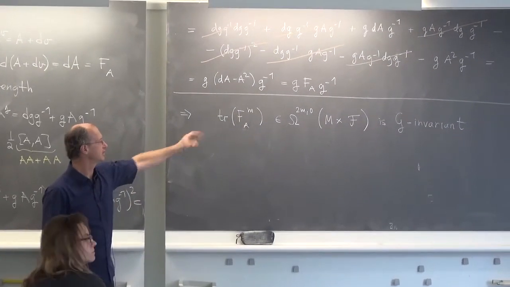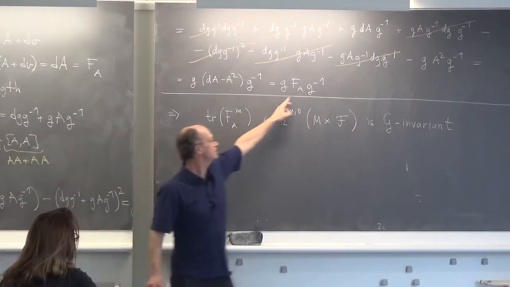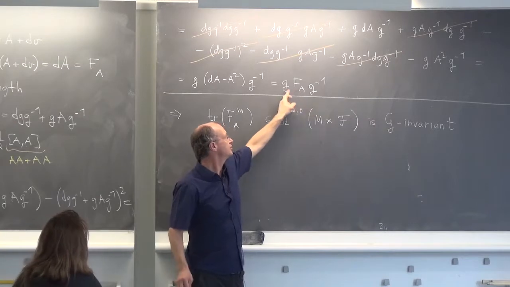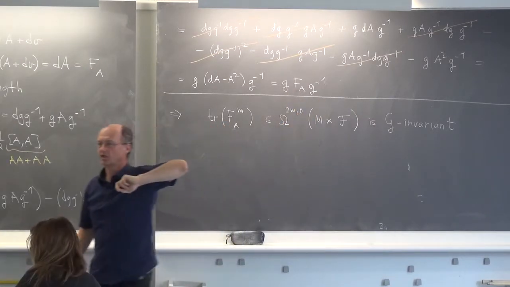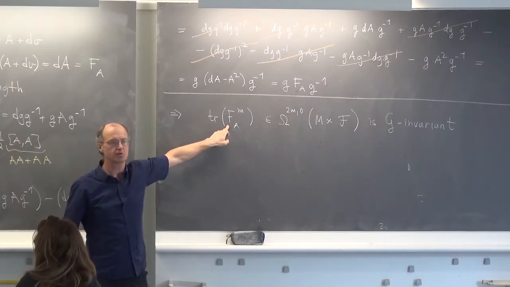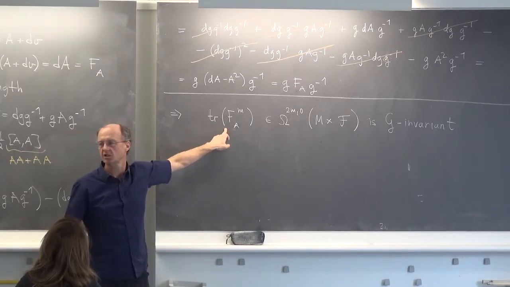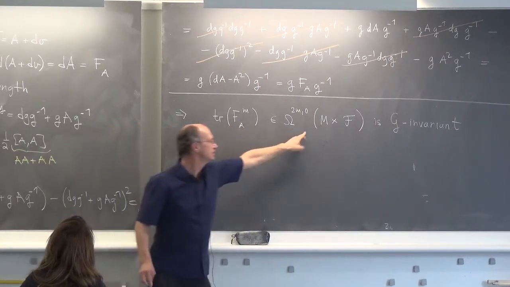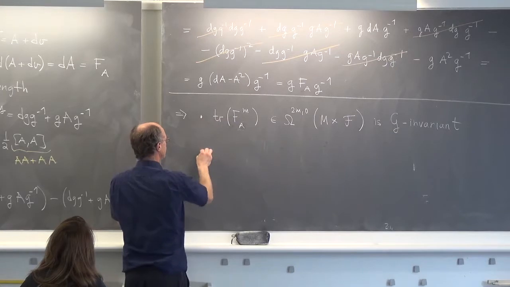Why is that? That's because the curvature or the field strength just gets conjugated by gauge transformations. If you take a power of it, it will also get conjugated. When you take a trace, it will remain invariant. That's a very important observation.